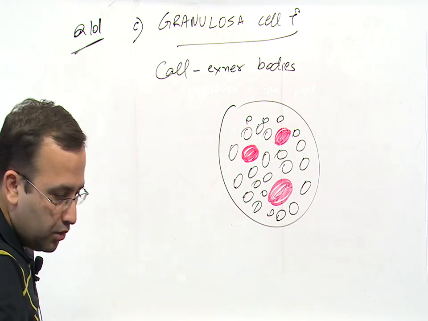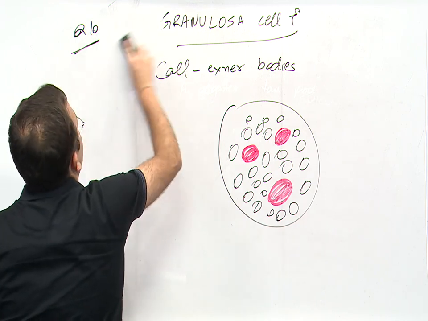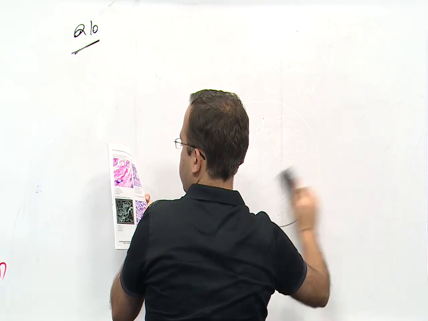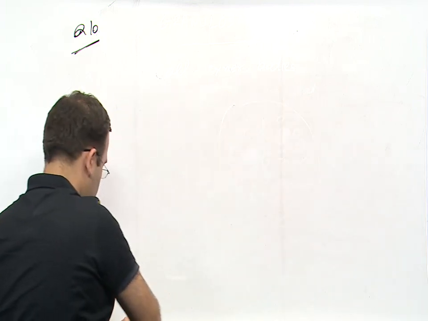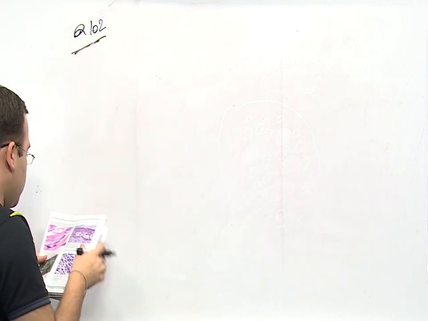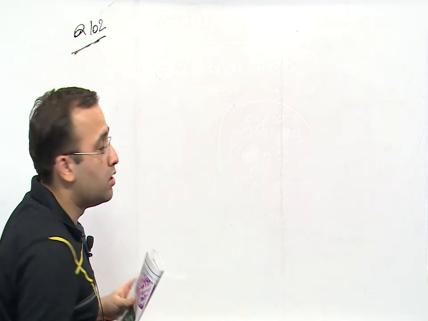Next, coming to question 102. This is again a spotter. Eosinophilic intracytoplasmic inclusions.